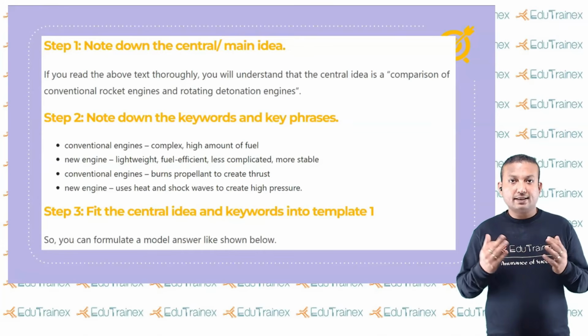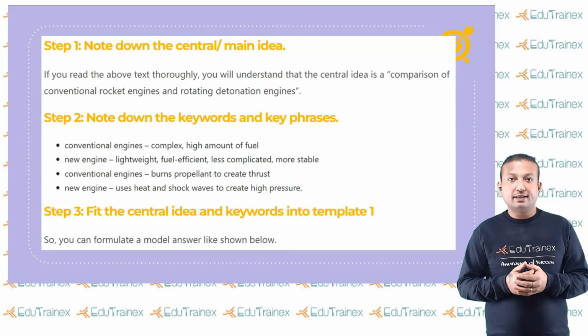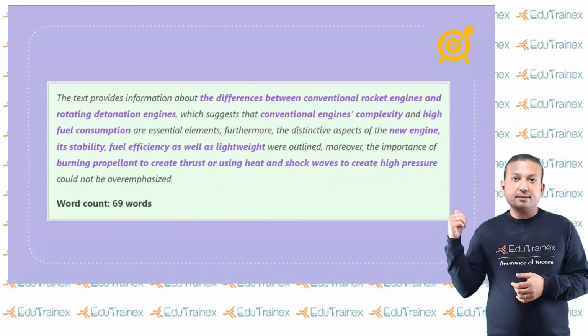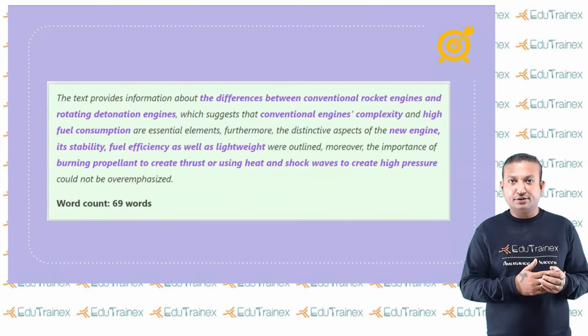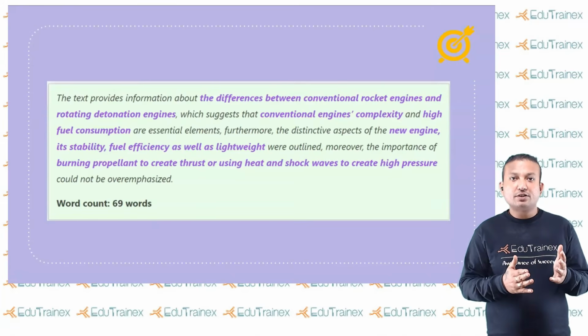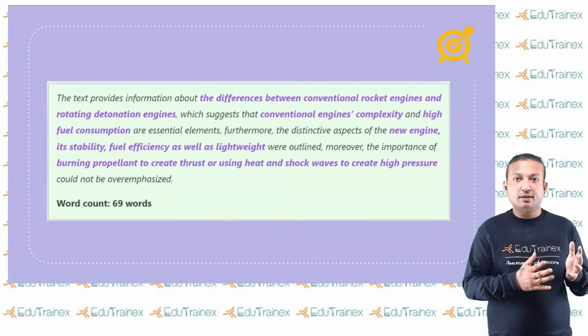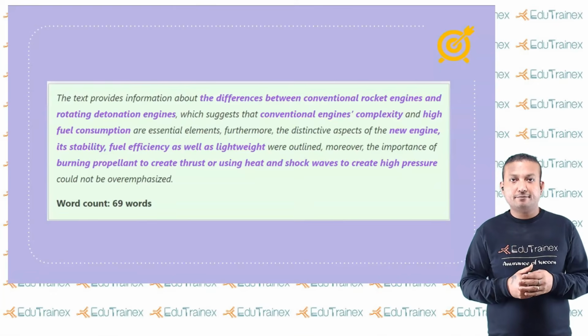So, step 3 is to use the template and put your keywords there and formulate your first draft. See the sample answer here. The text provides information about the differences between the conventional rocket engines and rotating detonation engines, which suggests that conventional engines' complexity and high fuel consumption are essential features.